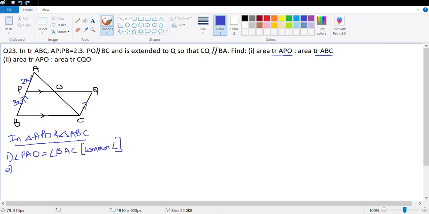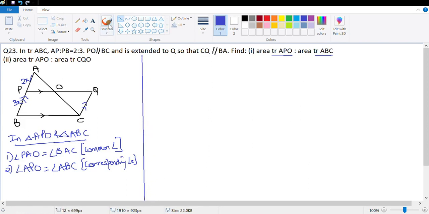The next one will be angle APO is equal to angle ABC. These are corresponding angles. Done. So by AA test, these two triangles are similar, which means I should be able to figure out my answer. Therefore, triangle APO is similar to triangle ABC by AA test.